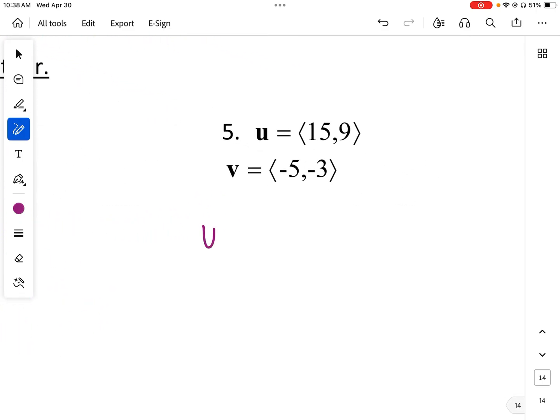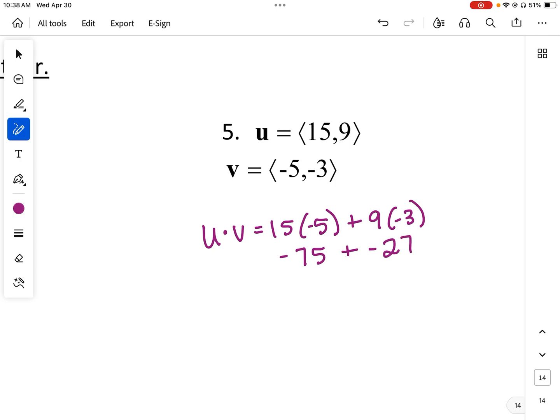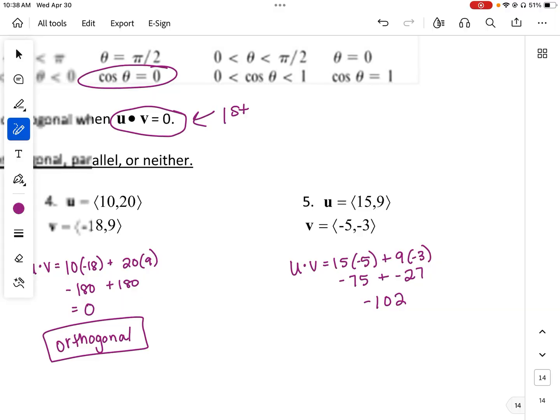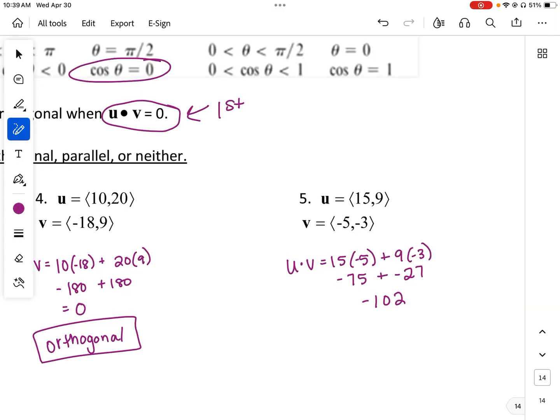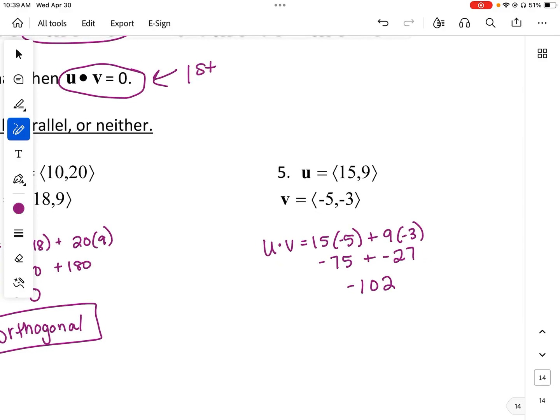Let's find our dot product. Oh, that is not 0. So this is negative 102. So we need to go ahead and figure out the rest.